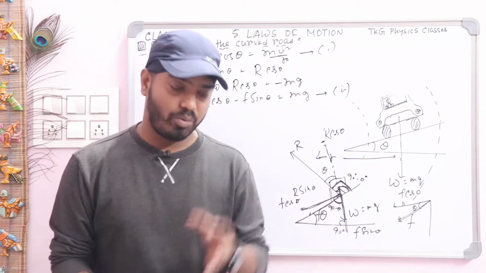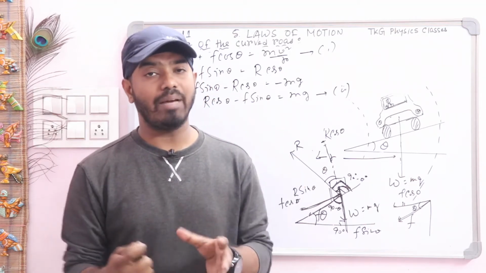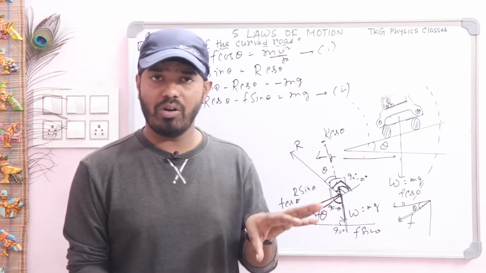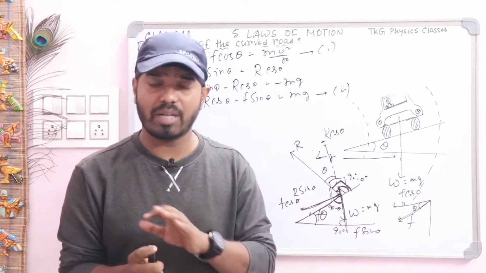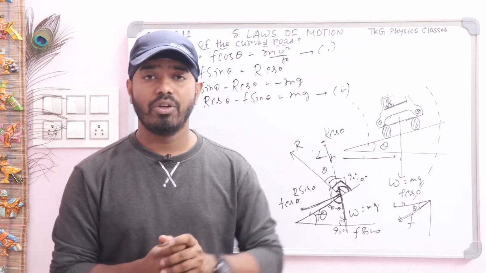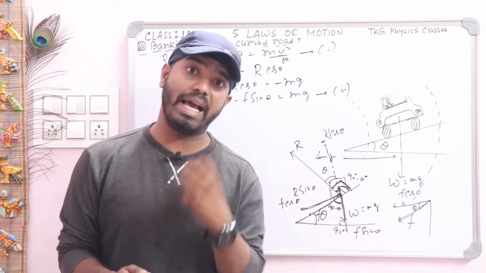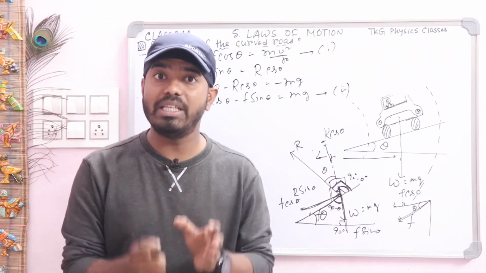You can see on a rainy day the road is wet. What happens when the road is wet? The frictional force is very small, nearly equal to 0. The surface becomes smooth, so there is no force to balance the centripetal force. So there is a probability of skidding.